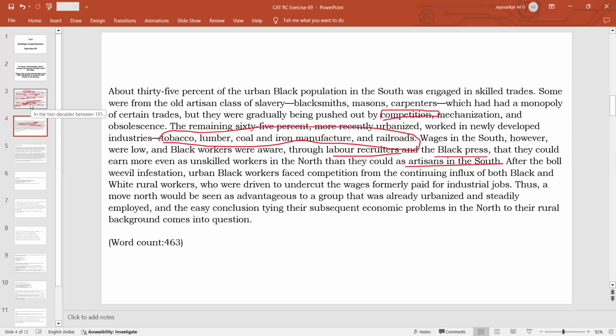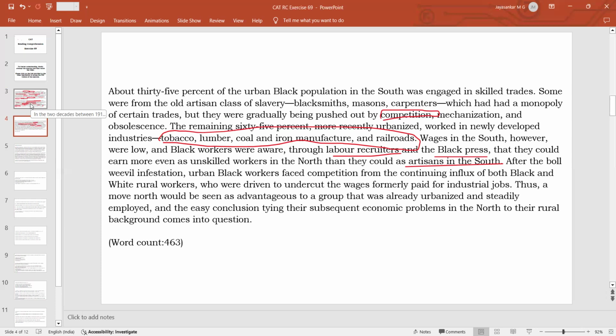Then they were facing a lot of competition. The unskilled workers also were getting a lot of problems because of the migration from the rural parts of the southern United States to the urban areas due to the problems in the cotton sector. So the wages were getting low. That is why the black urban workers in the southern United States chose to migrate to the northern United States.